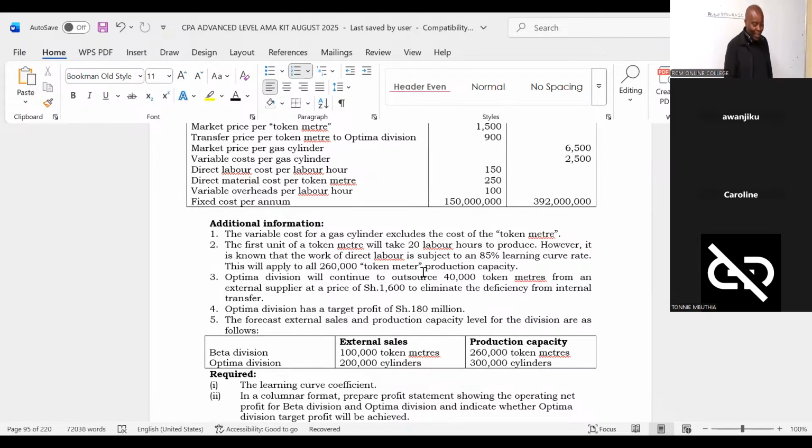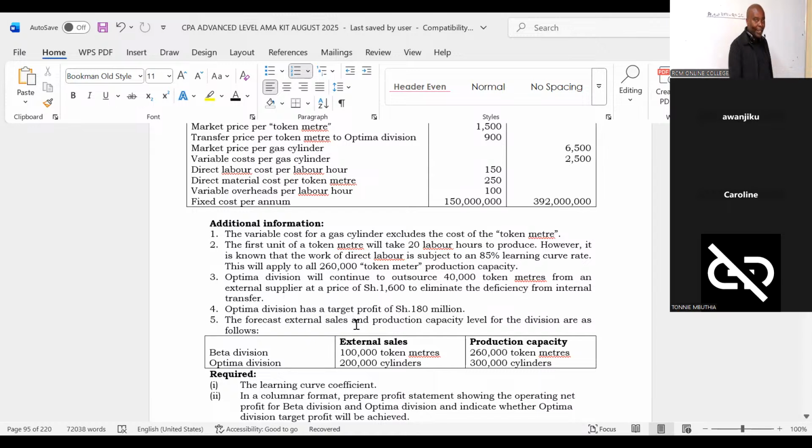This will apply to all the 260,000 token meter production capacity. The Optima division will continue to outsource 40,000 token meters from an external supplier at a price of 1,600 to eliminate the deficiency from internal transfer. Optima division has a target profit of 180 million.